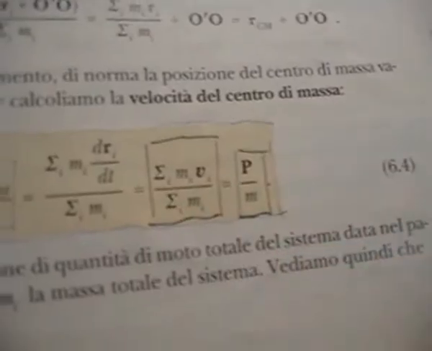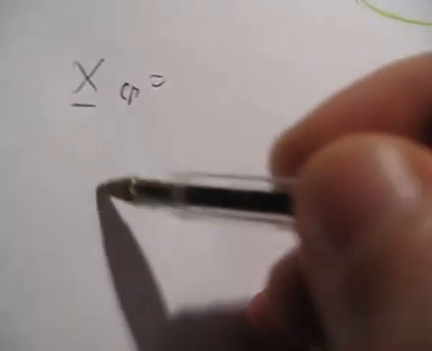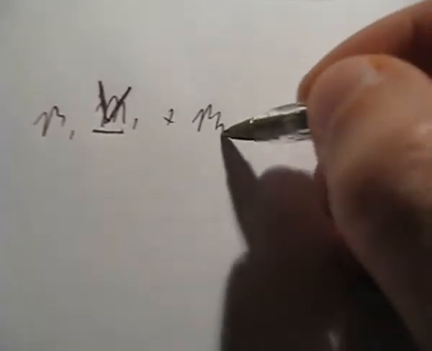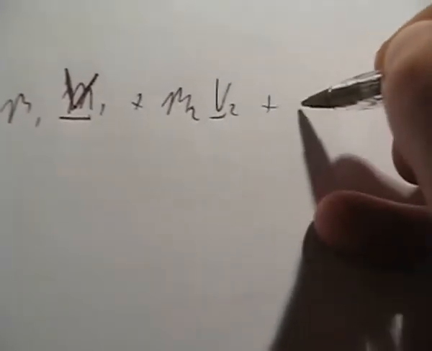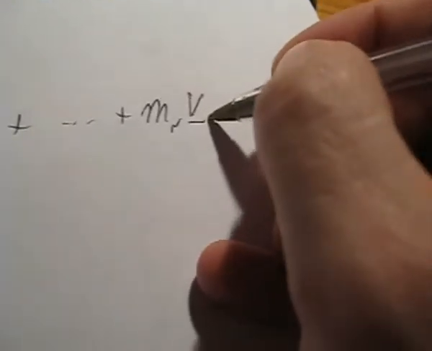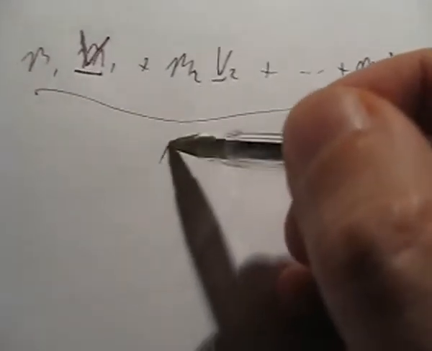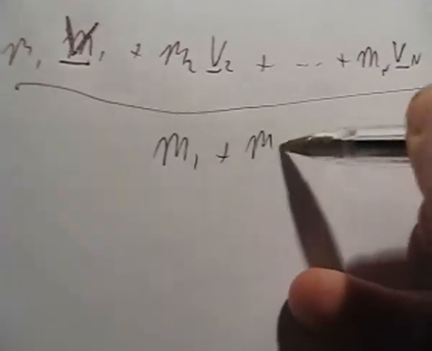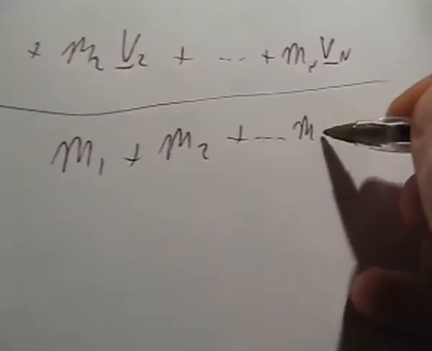Very simple. It's easy to understand that if we calculate its rate of change in time, so the velocity, we will obtain these expressions. Can you read it correctly? So we obtain this expression, mass 1 times vector v1, mass 2 times vector v2, plus so on until the nth mass times the velocity vector of the nth point, all divided by the total mass of the system, which is of course the sum of the masses of the single points.